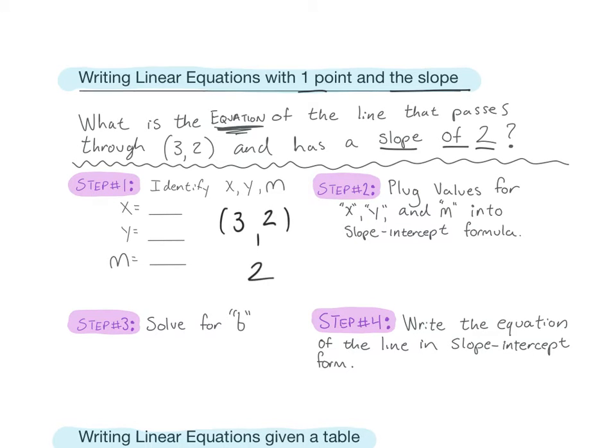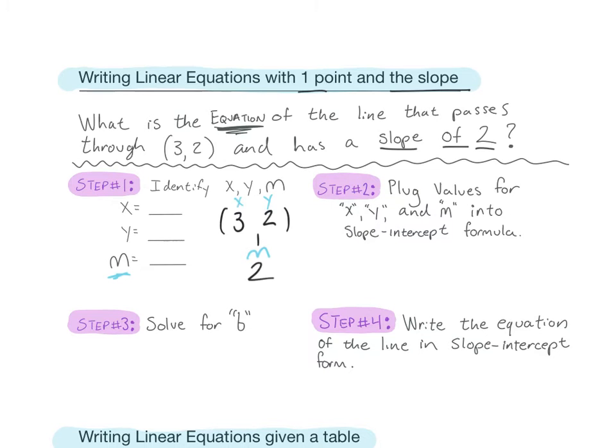Now we just have to find out which piece is x, which piece is y, and which piece is m. The first piece is always x in our coordinate. The second one is always y, and in our problem it says that we have a slope of 2. So our m always stands for slope, so this is going to be our m.